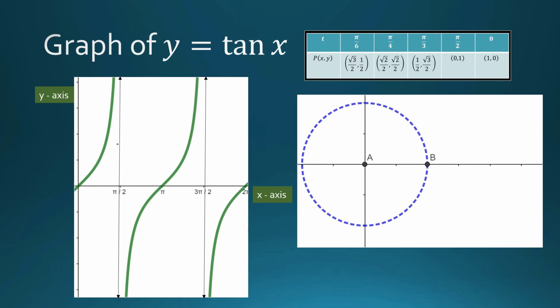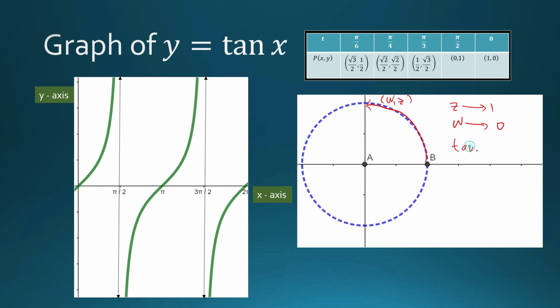Let us pay attention to the behavior of your curve as it approaches the vertical asymptote. When our angle approaches pi over 2, the terminal point of that angle approaches (0, 1). Z approaches 1, but W, the first coordinate, approaches 0.